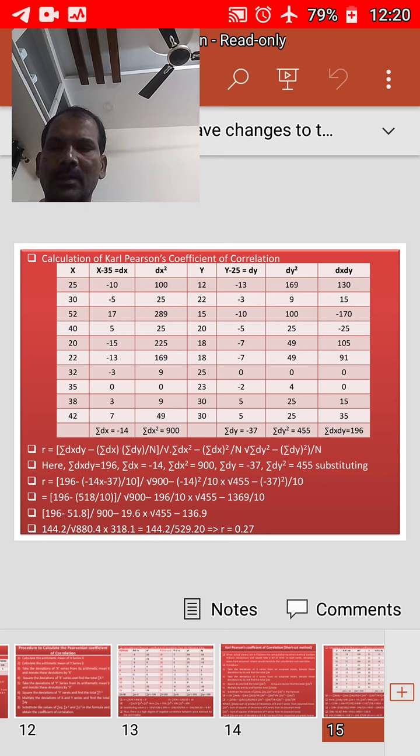r is equal to, if you substitute the same in the formula, 196 minus bracket of minus 14 into minus 37 by 10, divided by under root 900 minus 14 whole square by 10, into 455 minus 37 whole square by 10.